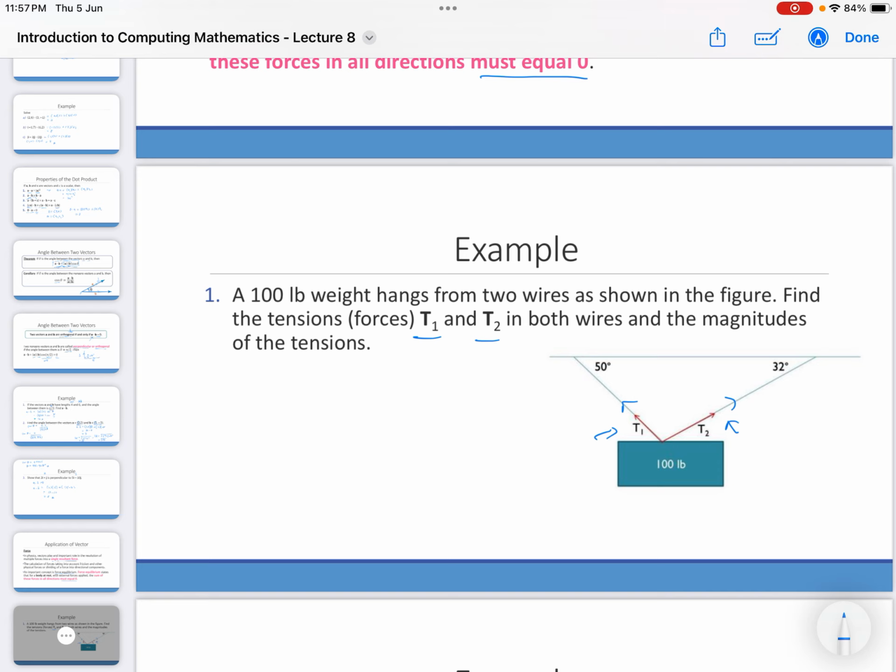So let's say we draw it like this. Okay, and then let's say this one is the X coordinate, and this one is the Y coordinate.